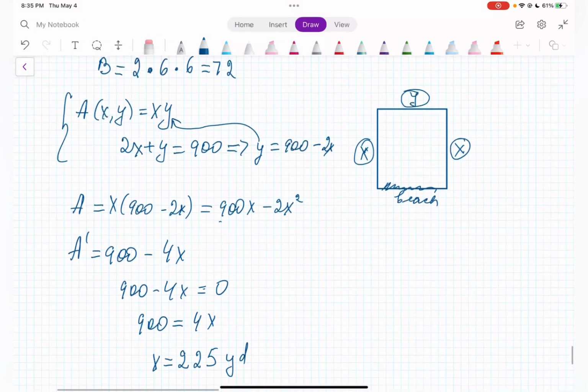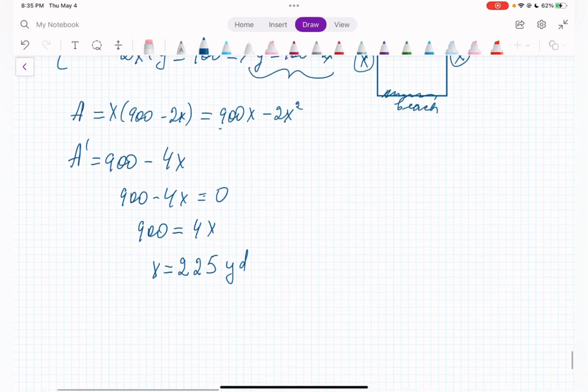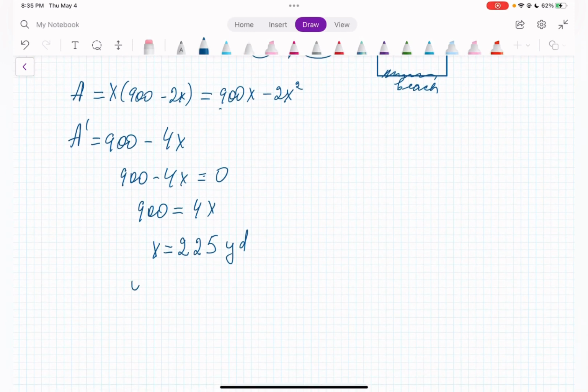Where is it? 2x plus y equals 900, right? So I will find from here, y is equal to 900 minus 2x. So y is equal to 900 minus 2 times 225.